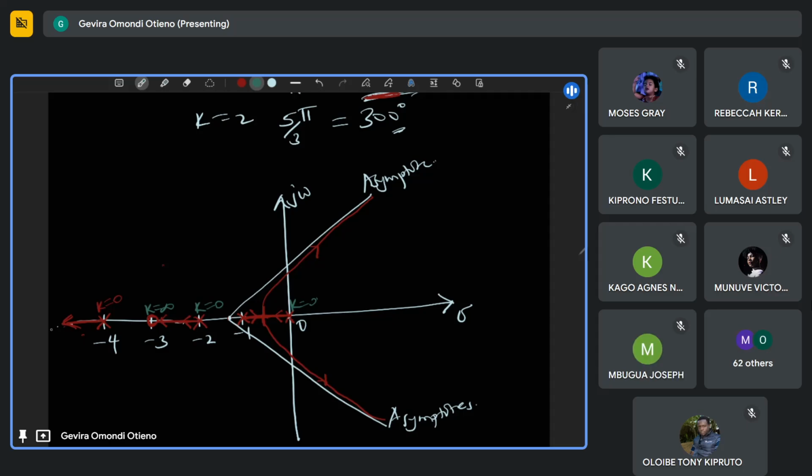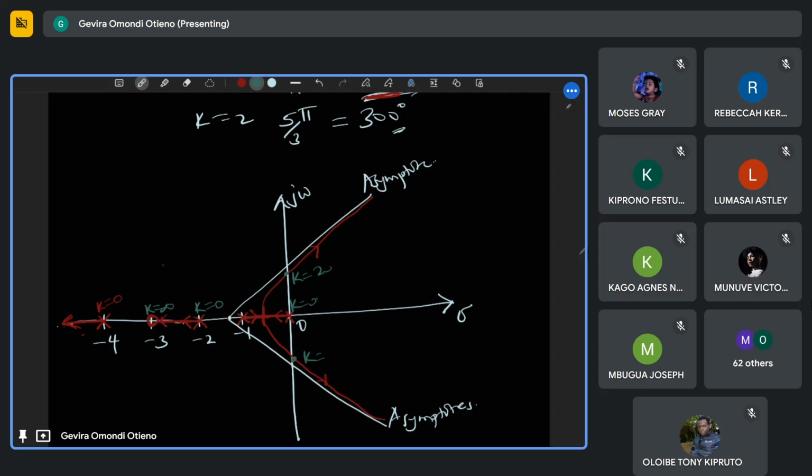The same applies for the poles at -1 and at 0. So in my design, as long as I restrict my gain, this is the maximum K that I can determine, so that I know that my gain has to be less than that value of K.